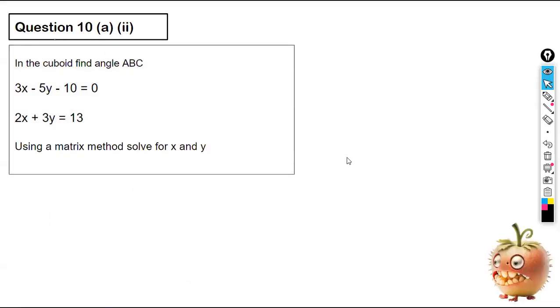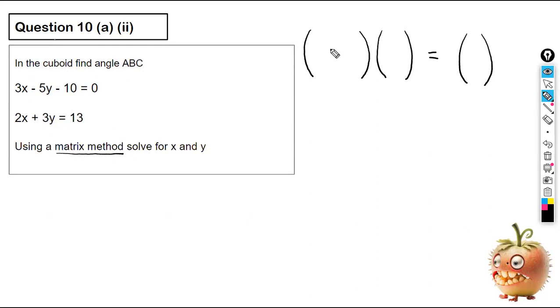In the next part of the question, they want you to solve the simultaneous equations, but the examiner says you must use a matrix method. Remember, I already started you off from the previous question, when you took the simultaneous equations and put them in matrix form, AX equals B. This is what you had.